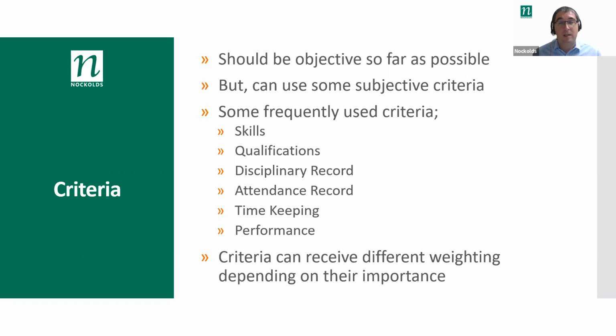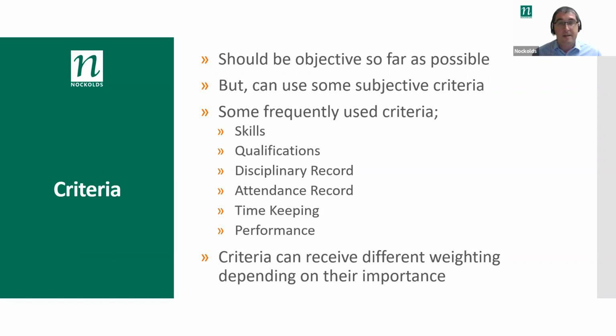Things like timekeeping or performance as set out in their appraisals could all be useful, but the two that probably are the most useful for employers to adapt and to adjust to make sure they get the type of person that they want are the top two: the skills and qualifications you need for people to do the job. It is important that you make sure that's right, so that you end up with the strongest team to go forward.